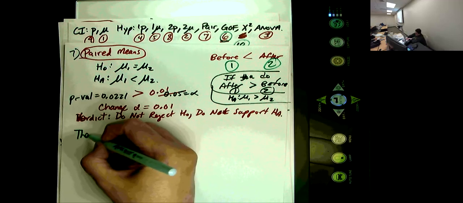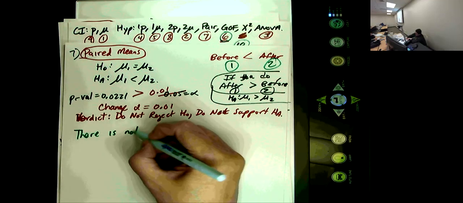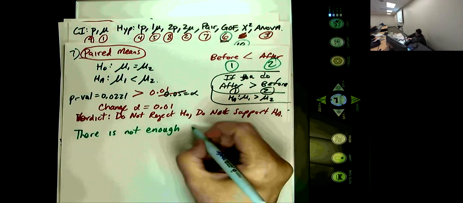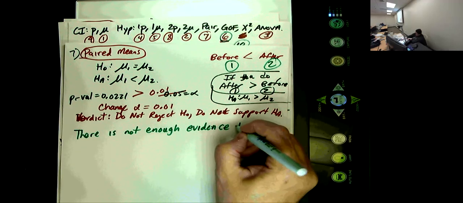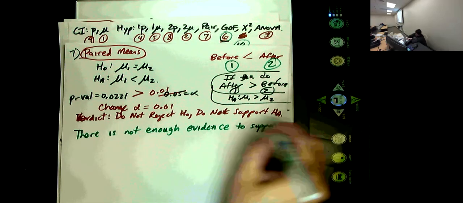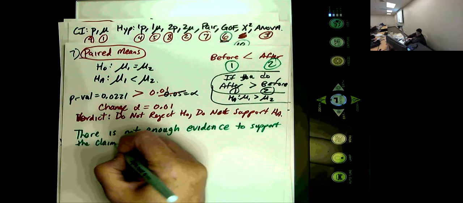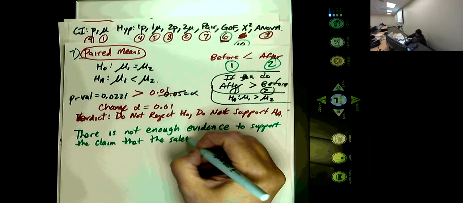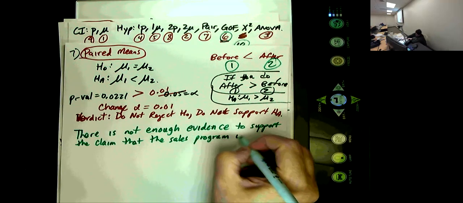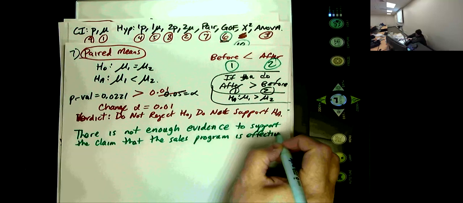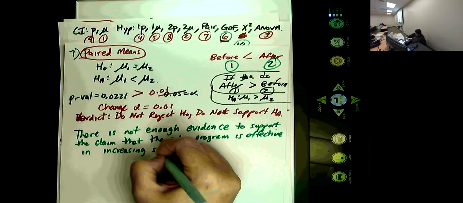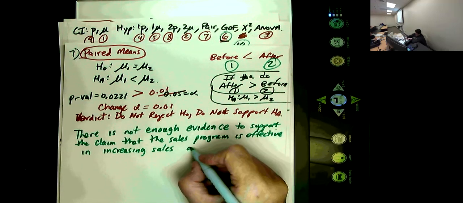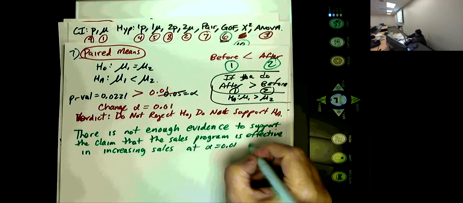I'm going to say there is not enough evidence, or you can say not insufficient evidence, or not enough sounds good, to support the claim that the sales program is effective in increasing sales. We changed the alpha, so I'm going to use the alpha that we used.